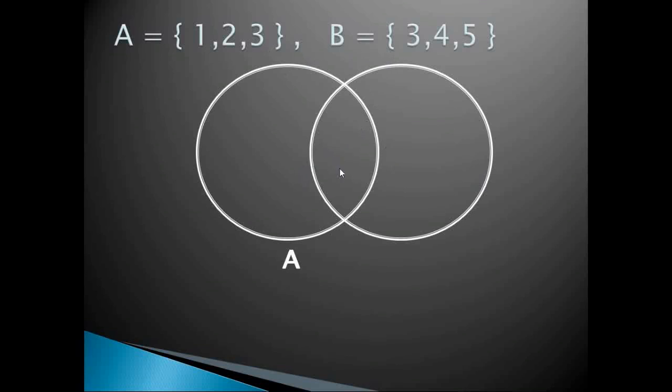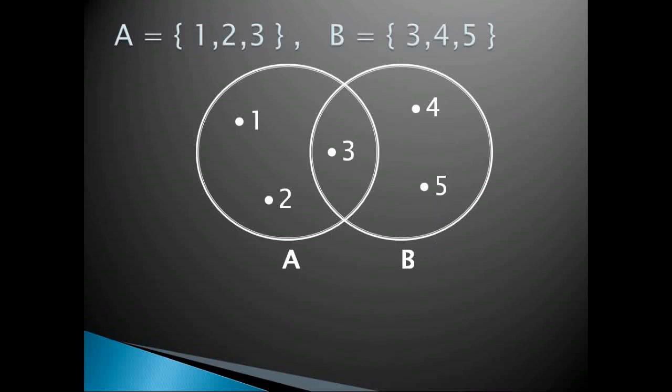So that common element I can represent here. So let's name this set B and then let's put in the elements. So here 3 will come in the part where B is overlapping A to show that this element is included in both the sets, and remaining elements 4 and 5 will be presented on B.